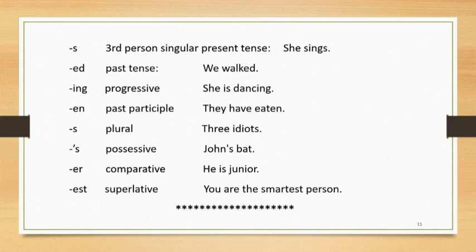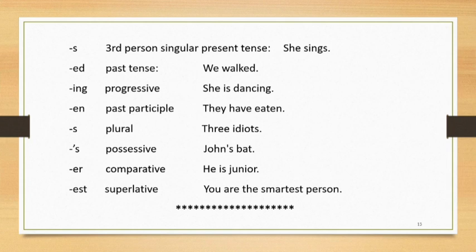And S is used to make plural, like boys, girls, bats, or 3 idiots. So idiot is a noun, and when you add S, it remains a noun. Part of speech does not change. So in inflection suffixes, part of speech does not change, and they are simply 8 inflection suffixes.